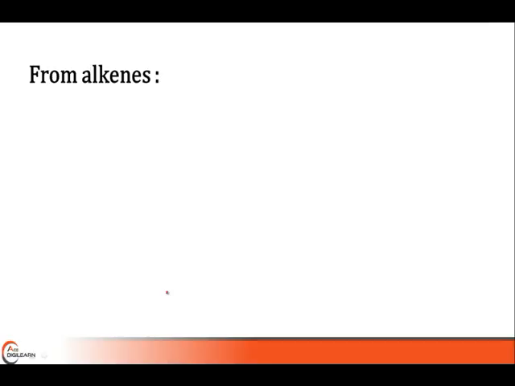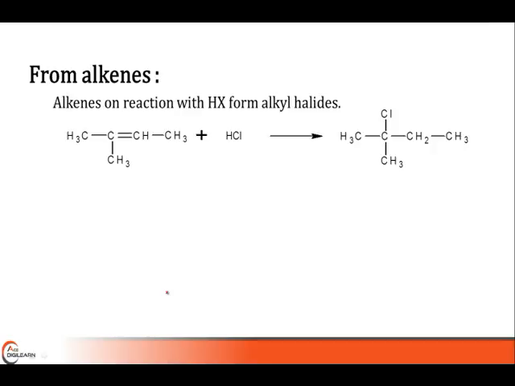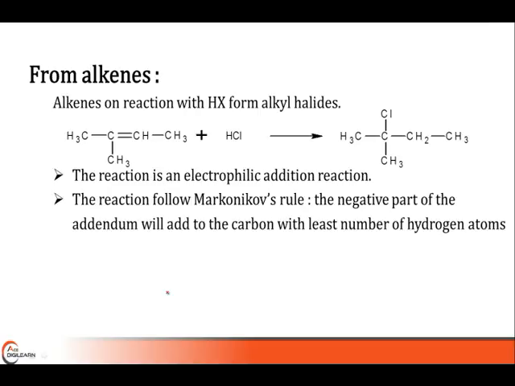From alkenes: the reaction of an alkene with a hydrogen halide forms alkyl halides, through Markovnikov addition of HCl. In the given example, the HCl is added across the double bond according to the Markovnikov rule. The reaction is an example of an electrophilic addition reaction.